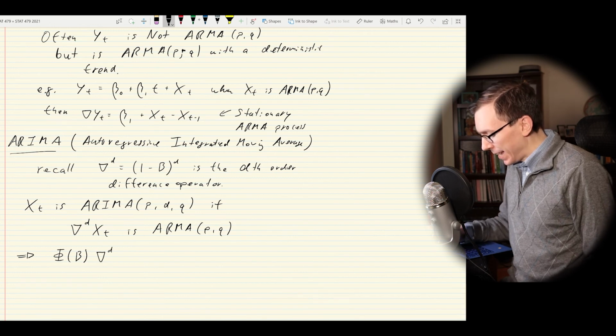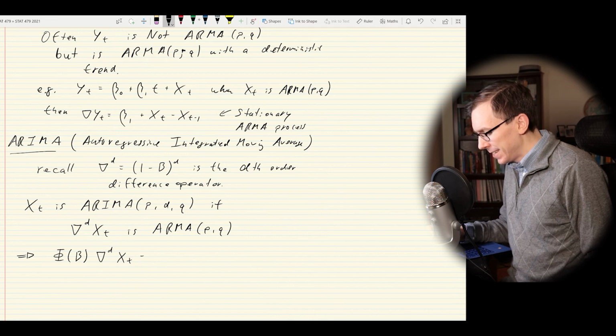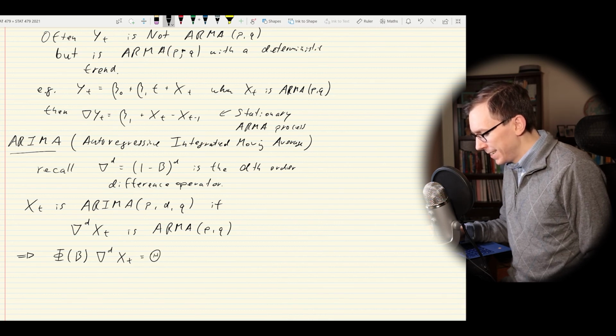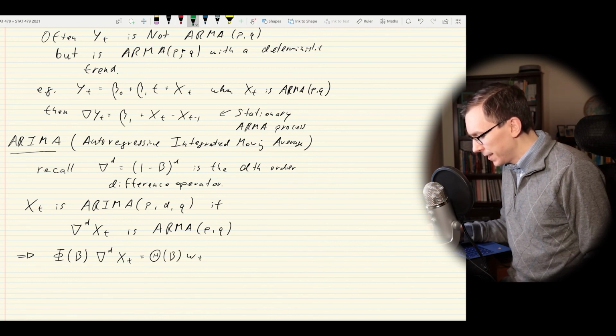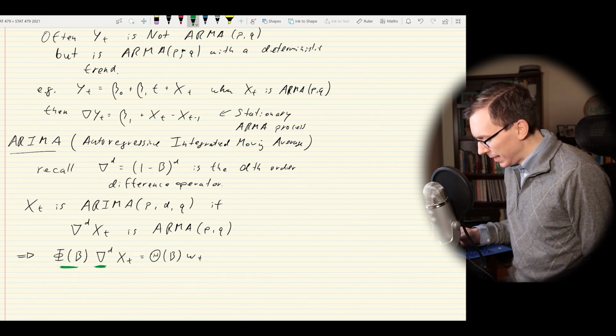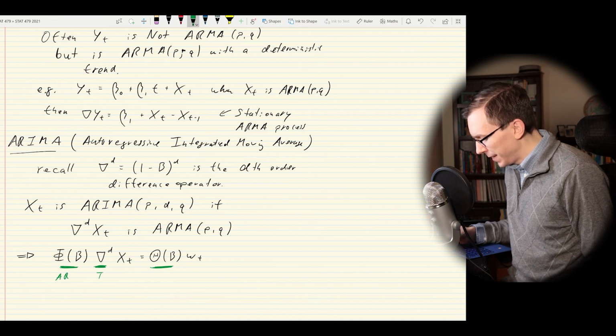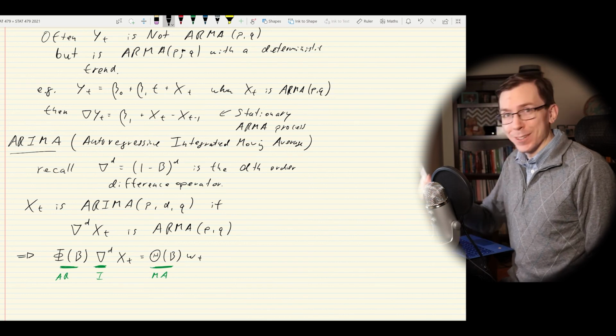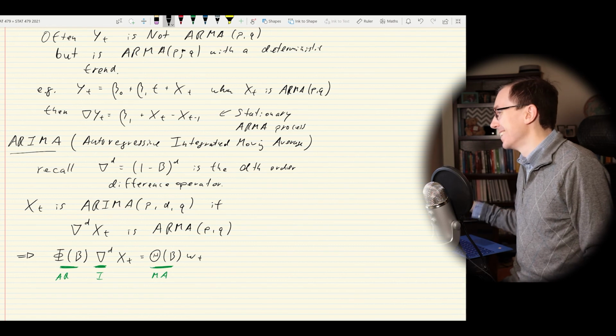Now we're going to have a delta, or I guess a nabla, the upside down triangle, to the dth power applied to X_t. And we're going to have our moving average piece here, theta(B), applied to the white noise. So now we have the autoregressive integrated moving average pieces, ARIMA. All right.